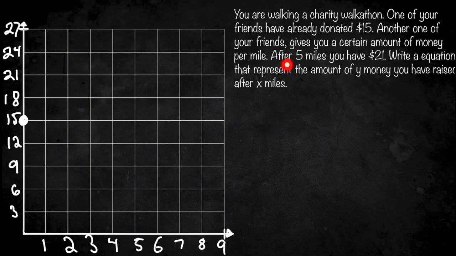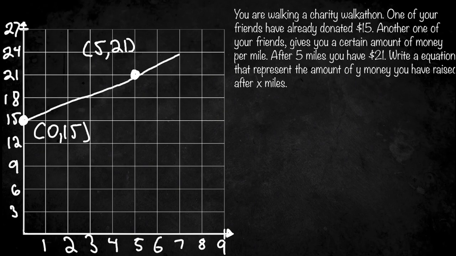Then it says after 5 miles, you have $21, right? So we would run 5, and then we go up. So that'd be right here. We're going to go to (5, 21), and now we draw a line.